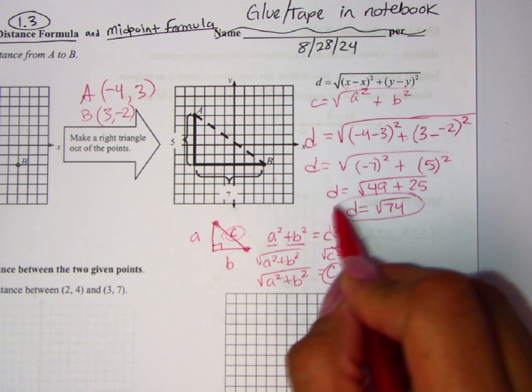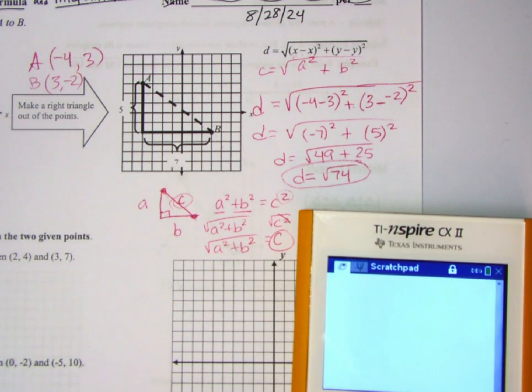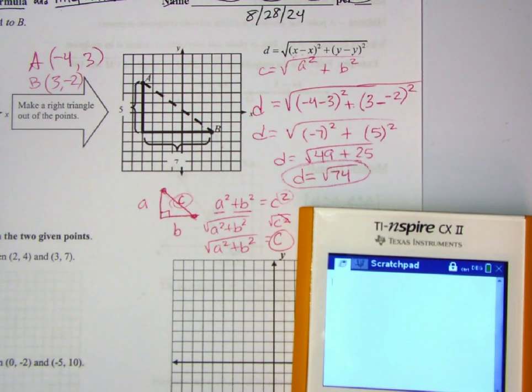So be comfortable with square roots that are not perfect squares. If you want to do it all in one step, you could have also just done the square root of -4 minus 3, close it, and then square it, plus 3 minus -2, close it, and then square it.